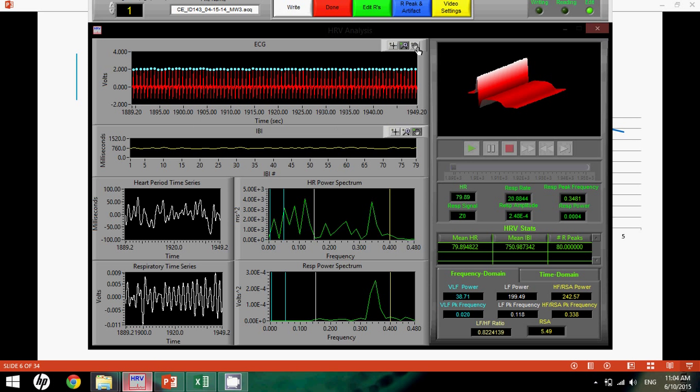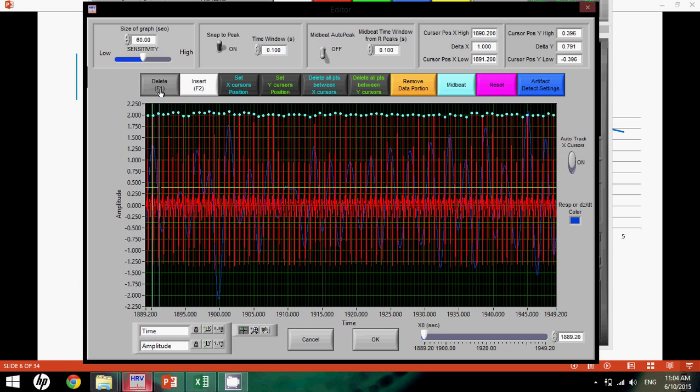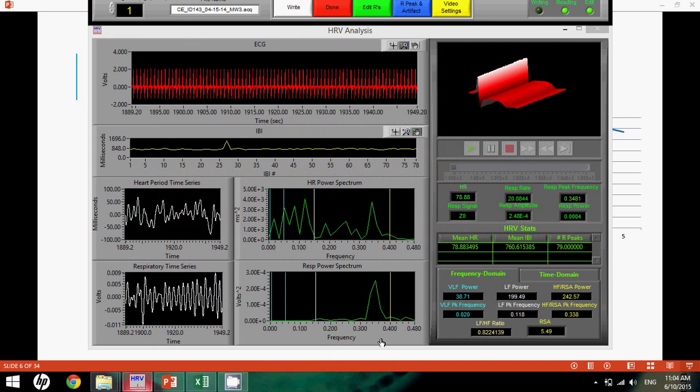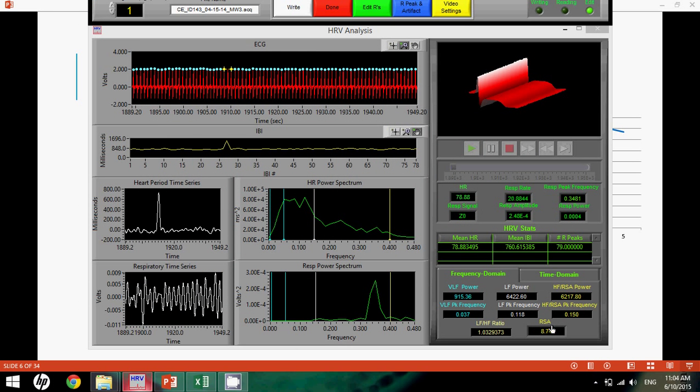I won't go into the details of what buttons I'm pressing, but it's important to look here at the bottom and see that the RSA measurement is 5.49. Now this is a fairly common measurement, and this seems to be correct. We really don't have any problems. You can see all the blue markings up here are valid R spikes. However, if we go in here and randomly delete a point right here and then press OK, we can see that the RSA jumps about 3 points.